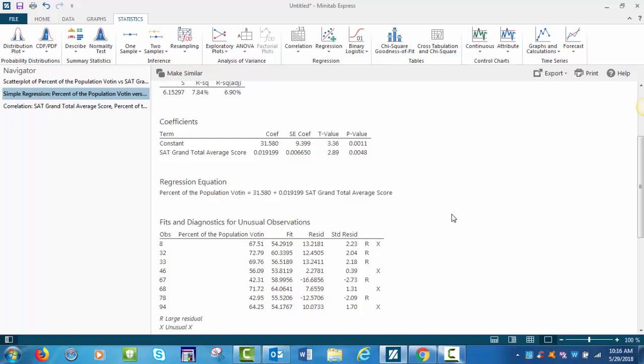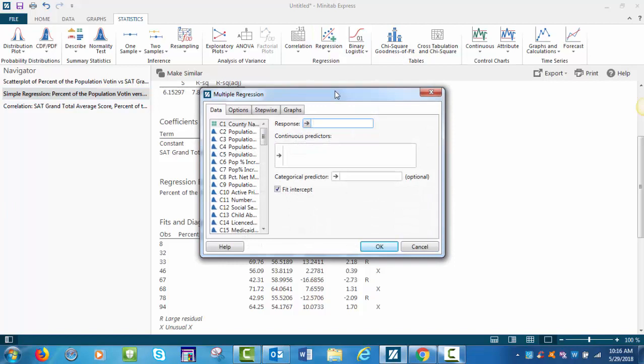Test your model and present your findings in a table or equation. To test my model, I use stats, regression, multiple regression, enter the response variable, and I'm using C19, and then enter the predictor variables, C16, C17, C21, and C40.